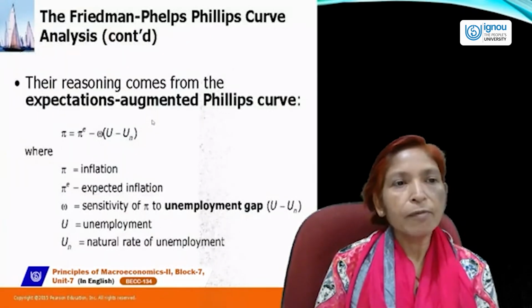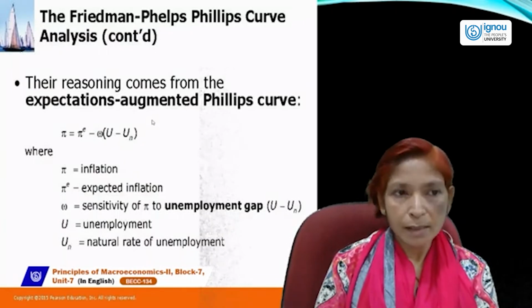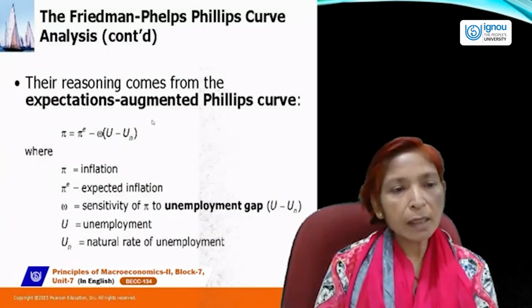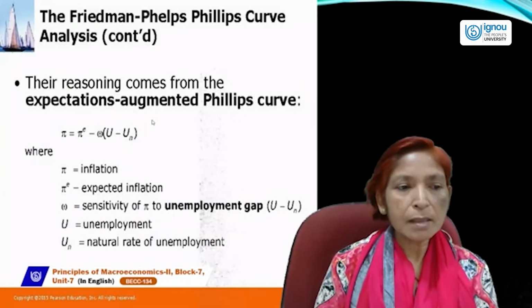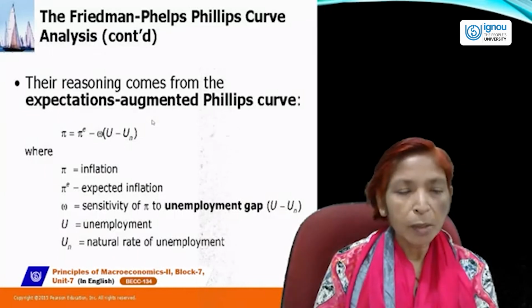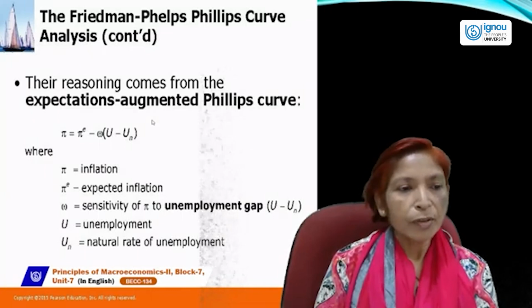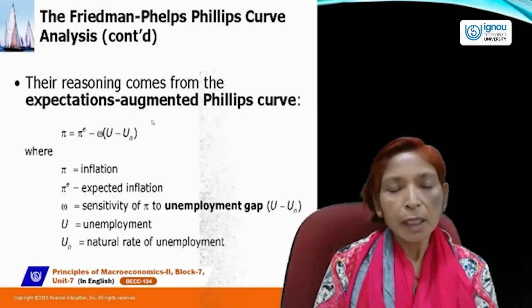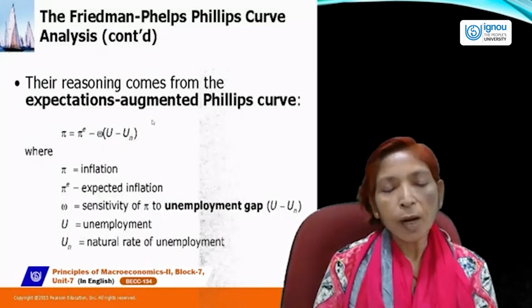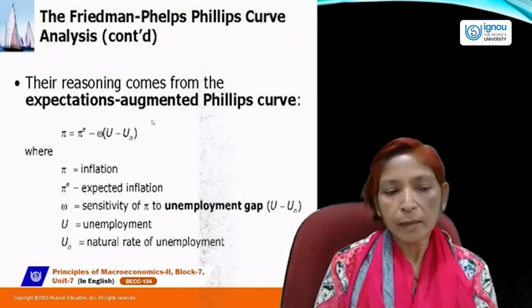Next is the Friedman Phillips curve analysis. The reasoning comes from the expectations augmented Phillips curve. Here pi is inflation, pi e is expected inflation, theta is sensitivity of inflation to the unemployment gap, u minus un.